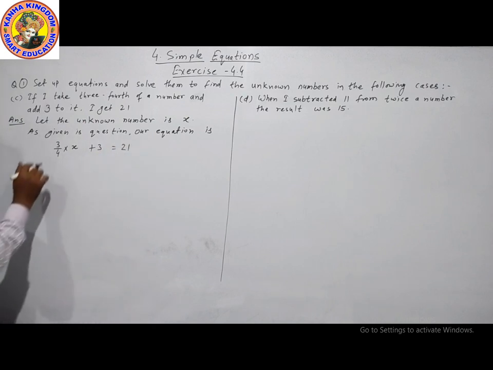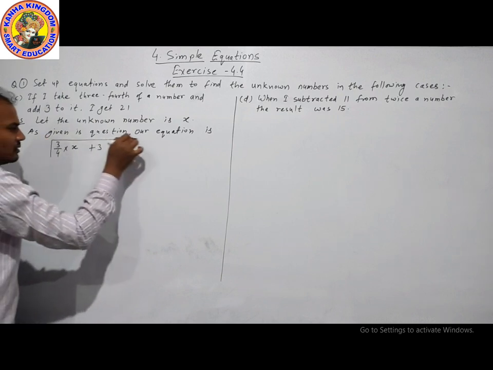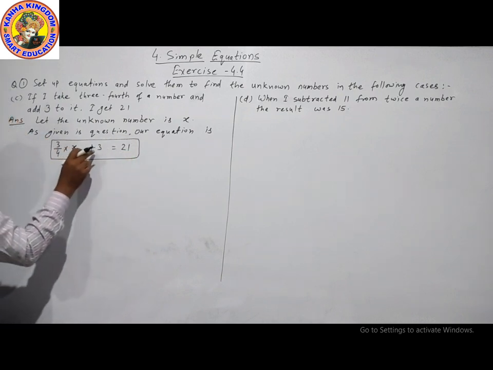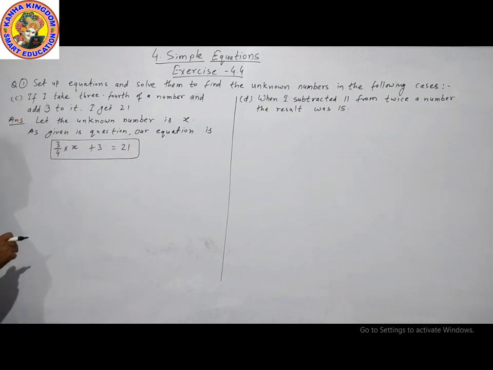This is our equation. Now first of all, here is plus 3, so we will subtract 3 on both sides.